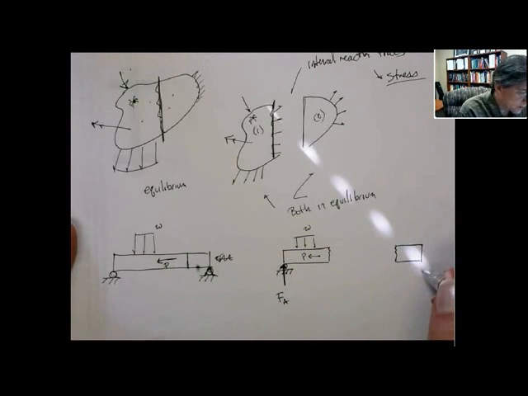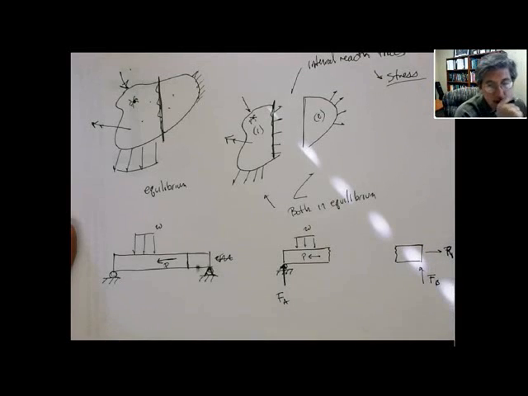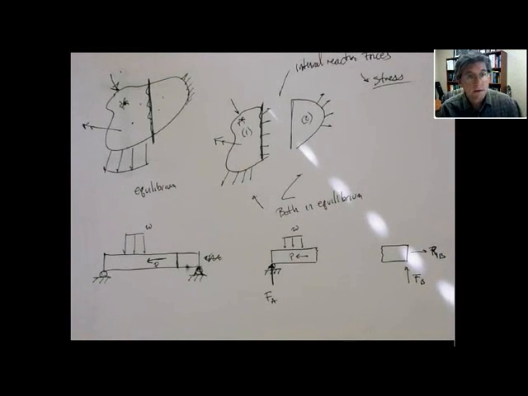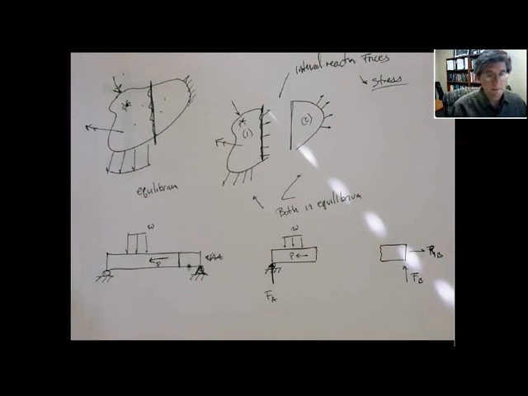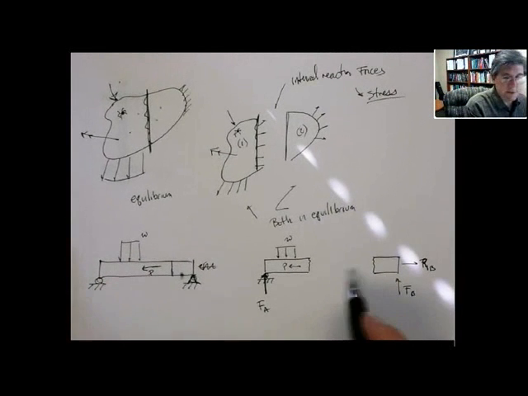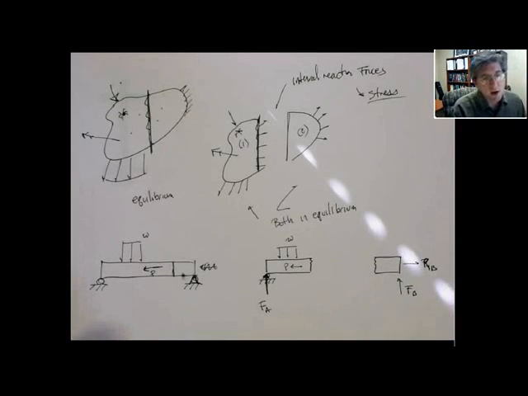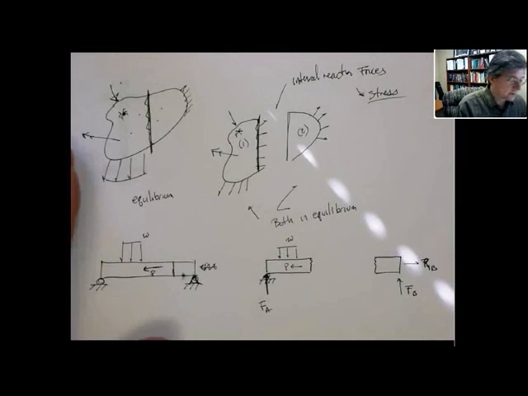And then on this side, we have a pin, so we call this R_B and F_B. So since it's pinned, you have a reaction force both in the X and Y direction. Okay. And these are made up against each other. Now, this exerts onto this one, this exerts onto this one. In general, we're going to have three types of reaction forces.